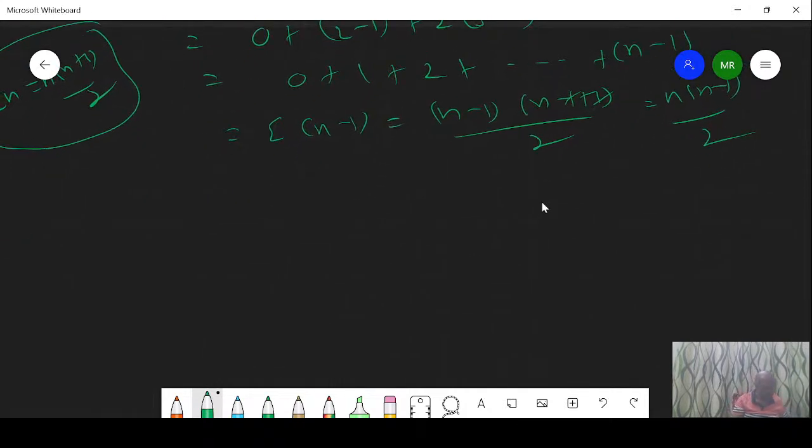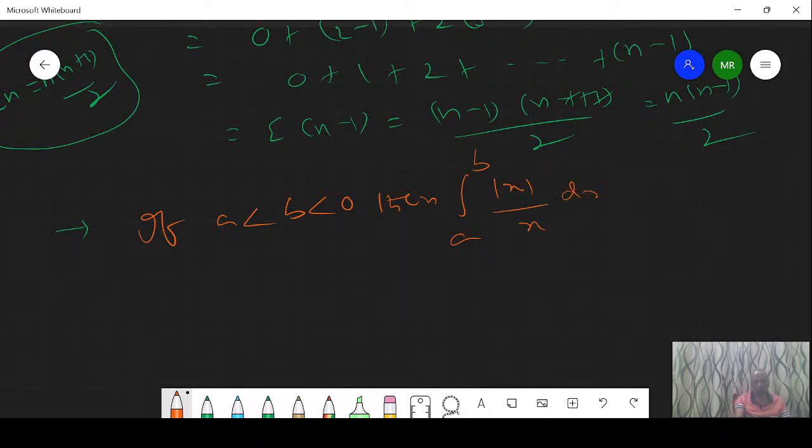Considering the next problem: if a less than b less than 0, both are negative, then the integral from a to b of mod x by x dx is the problem.